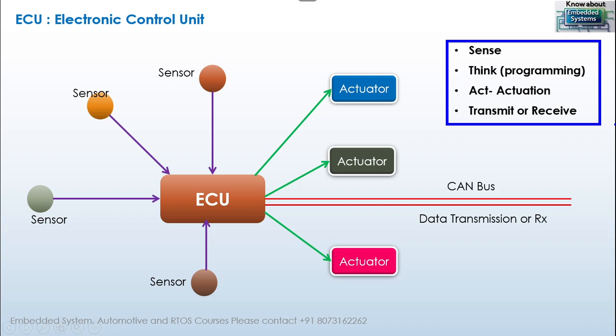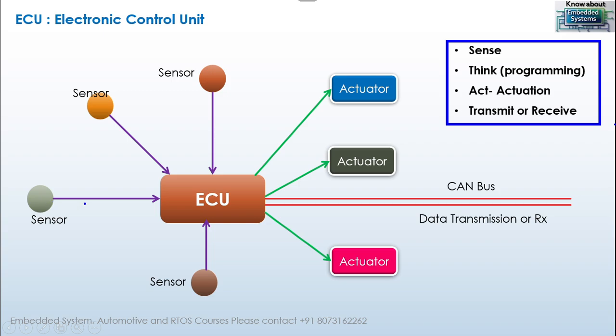What is sensing? The ECU is going to be connected with different sensors. You can see here, various sensors are connected to the ECU, either one-to-one or through a communication channel.